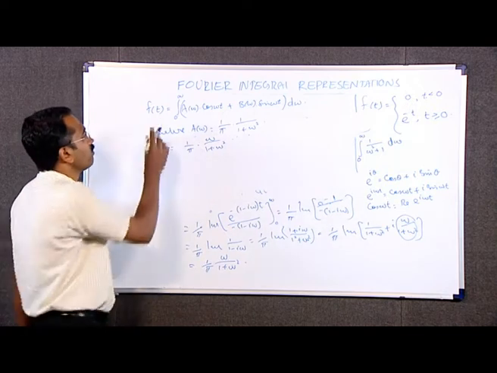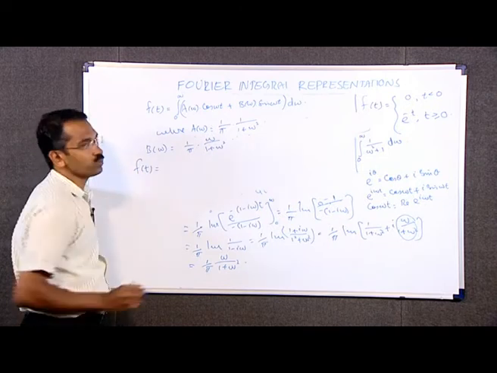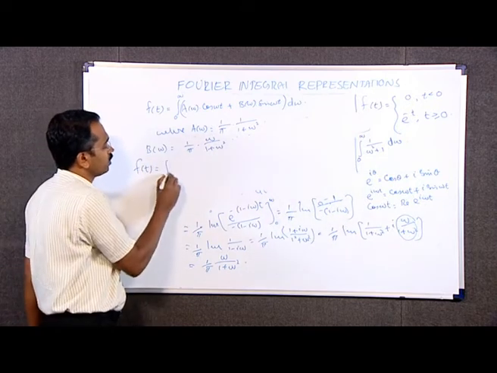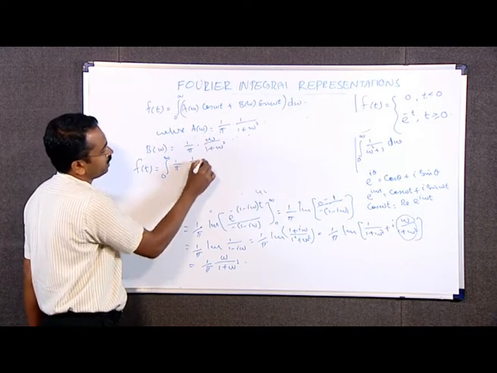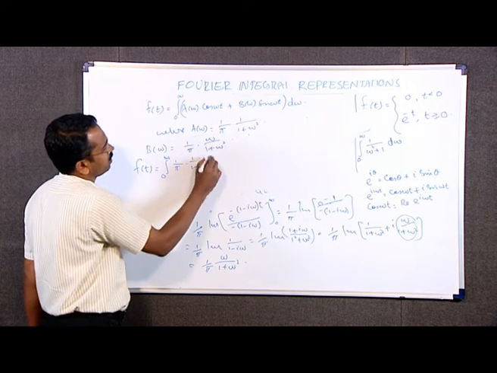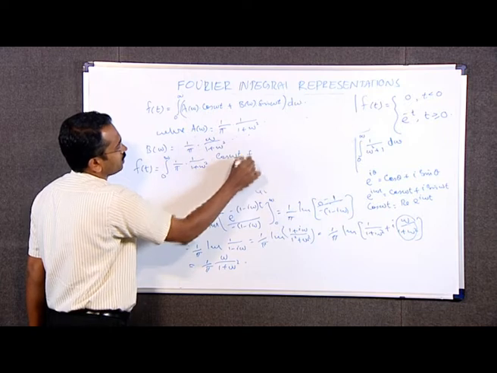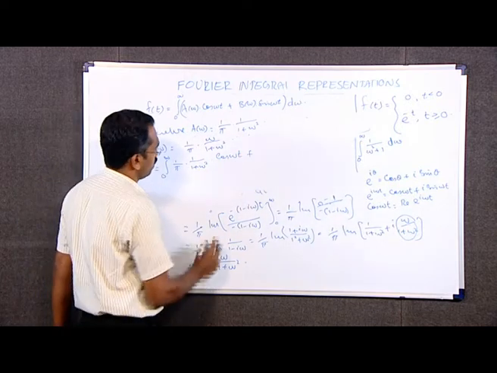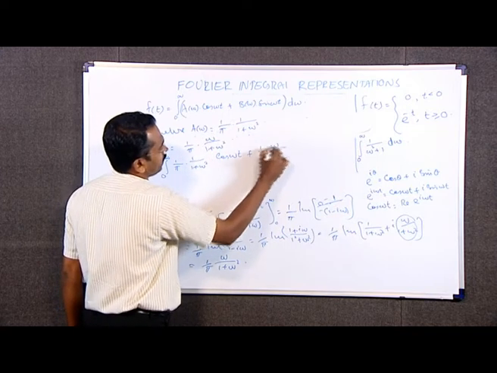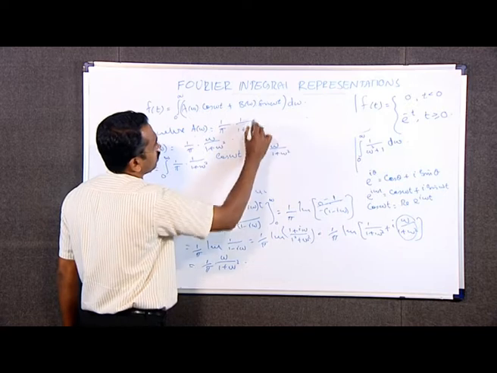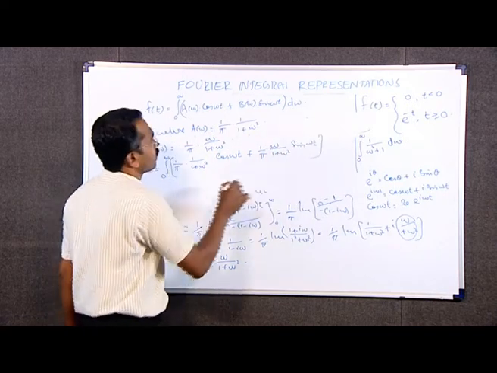And therefore, we write f of t as integral from 0 to infinity, a omega is 1 by pi into 1 by 1 plus omega square into cos omega t plus b omega is 1 by pi into omega divided by 1 plus omega square into sin omega t d omega.